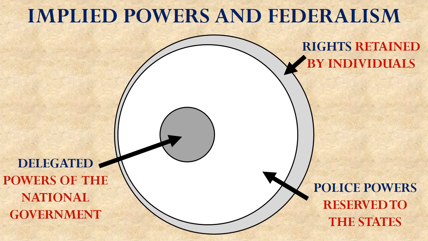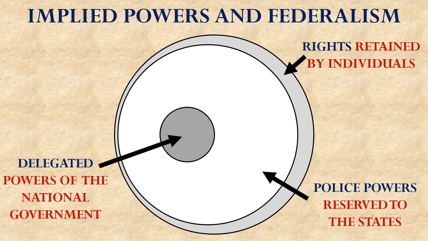So now we can ask ourselves, what does this then do to the balance of power between the national government and the states? In other words, how does it affect federalism? To answer that question, we can look at this diagram that we've previously constructed to represent the powers of the national and the state governments. Something important to notice about this diagram is that the powers of the national government are few and defined, as Madison said before. They're specific powers that were delegated, limited powers. All the powers of the state governments are large.